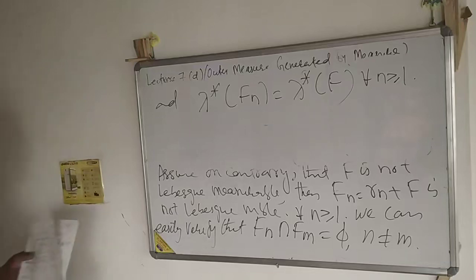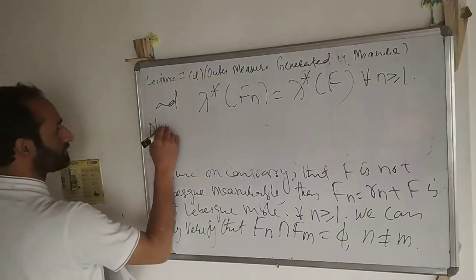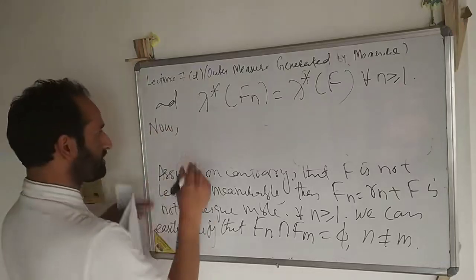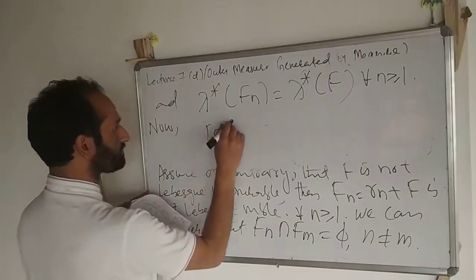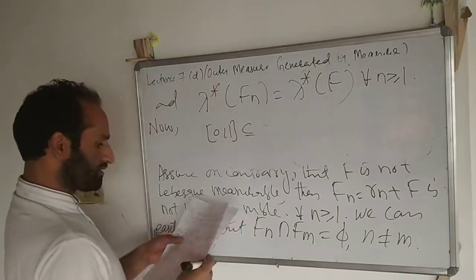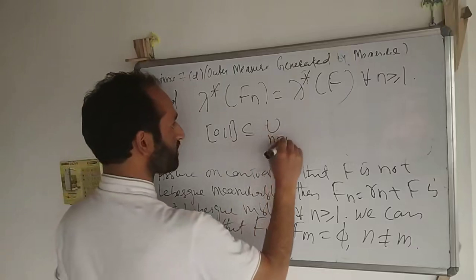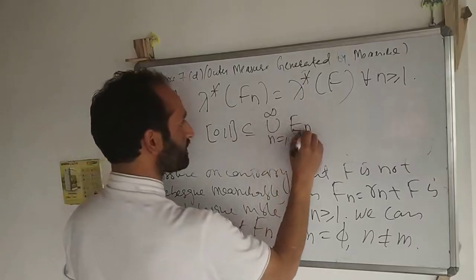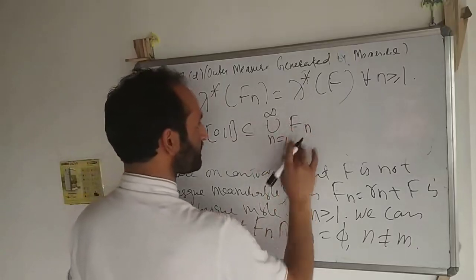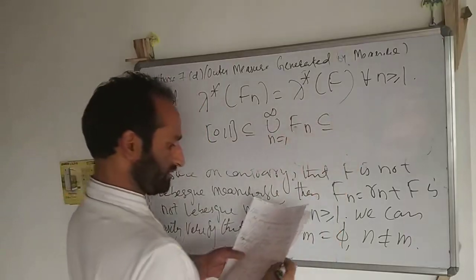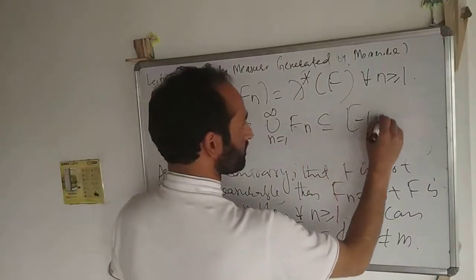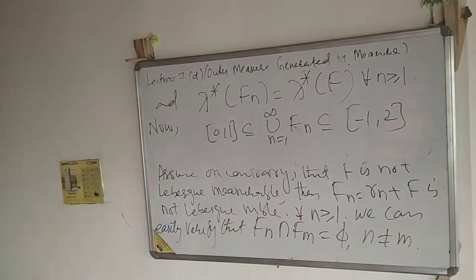Okay. Now you can easily verify this: [0,1] is a subset of the union, n runs from 1 to infinity, of Fn, which is a subset of the interval [-1, 2].